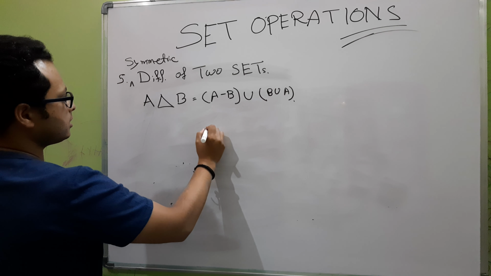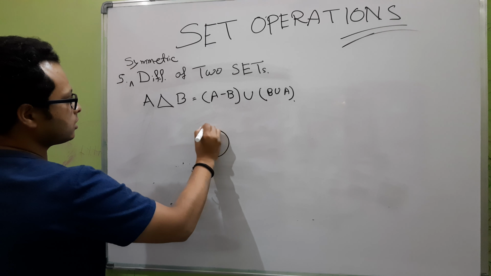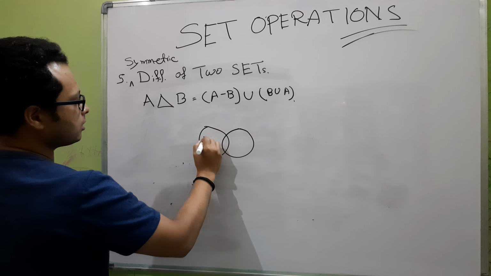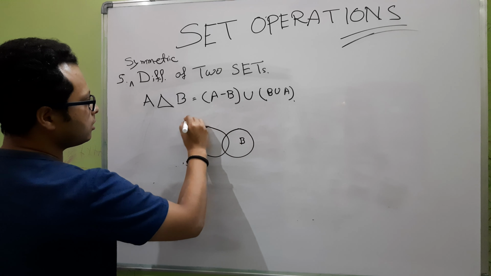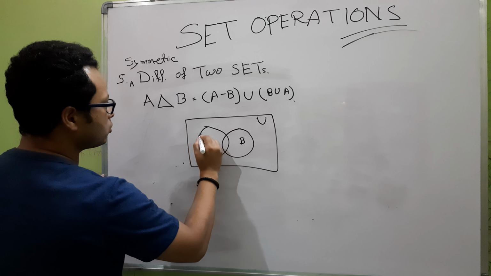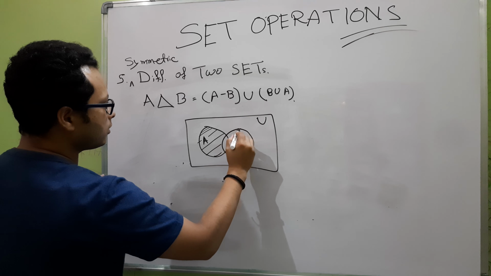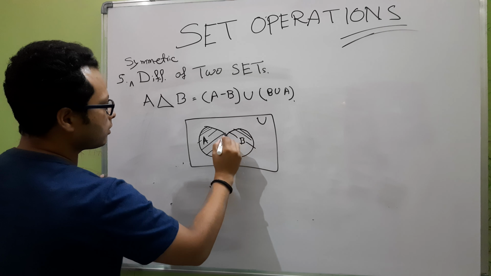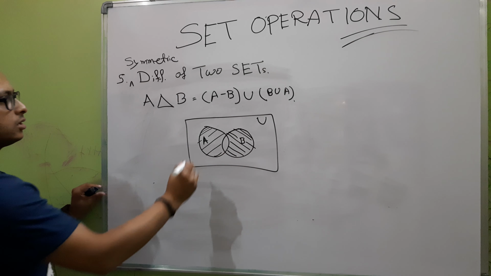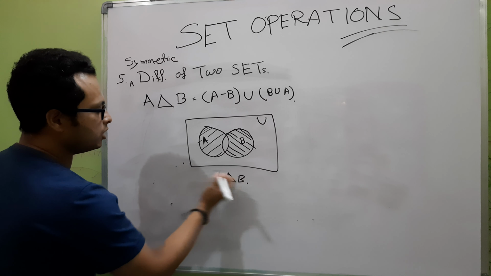In the Venn diagram, this is A, this is B, and this is your universal set. So your data will come from only A and only B, right? This is A symmetric difference B.